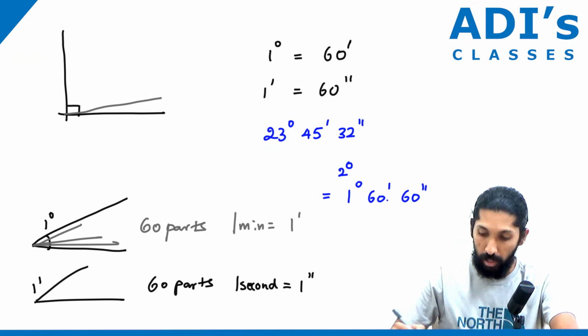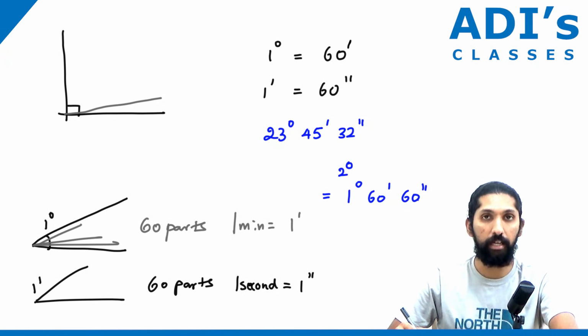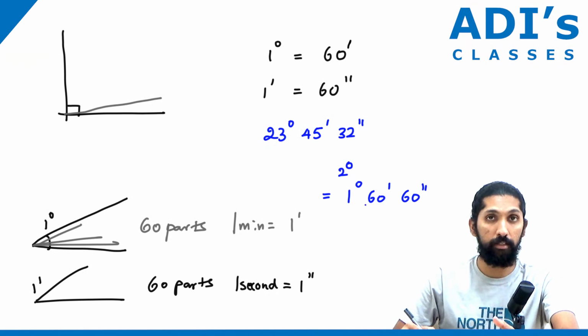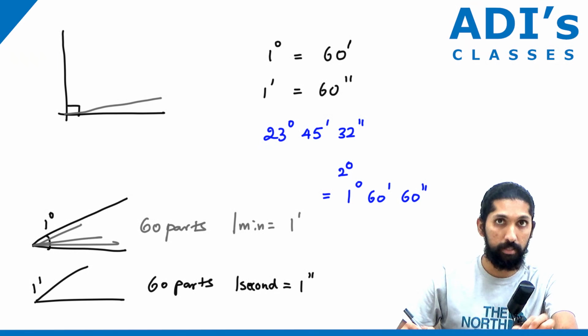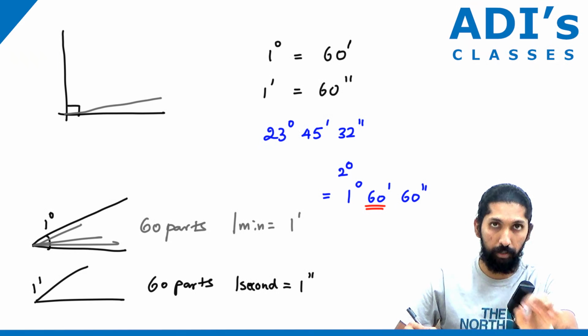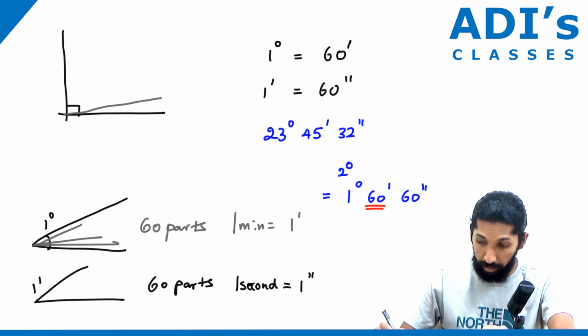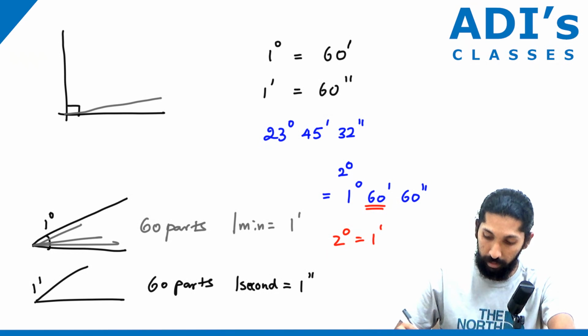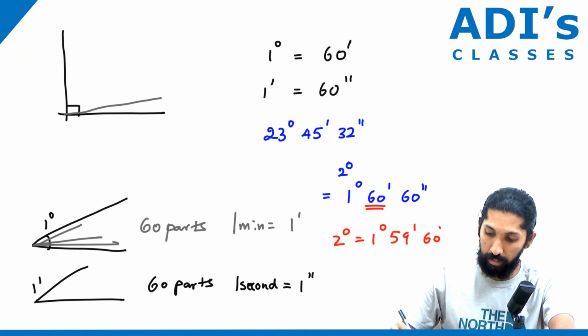When you say 60 seconds, it's already a minute, correct? So I have to add another minute. So this part will not be correct. Only that part will not be correct. So the correct way of representing 2 degrees will be 1 degree, 59 minutes, 60 seconds.